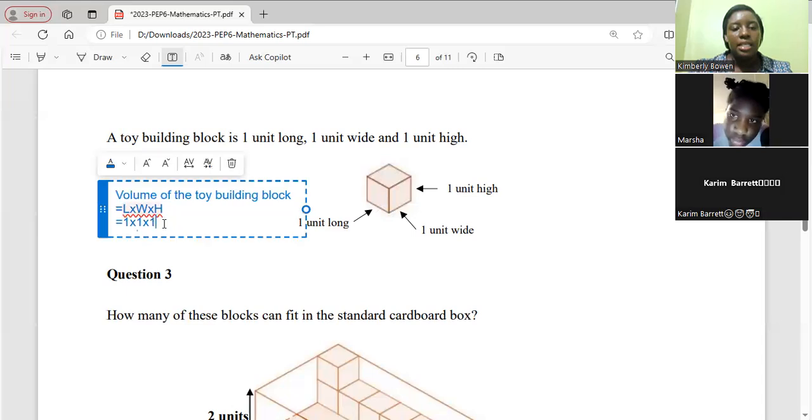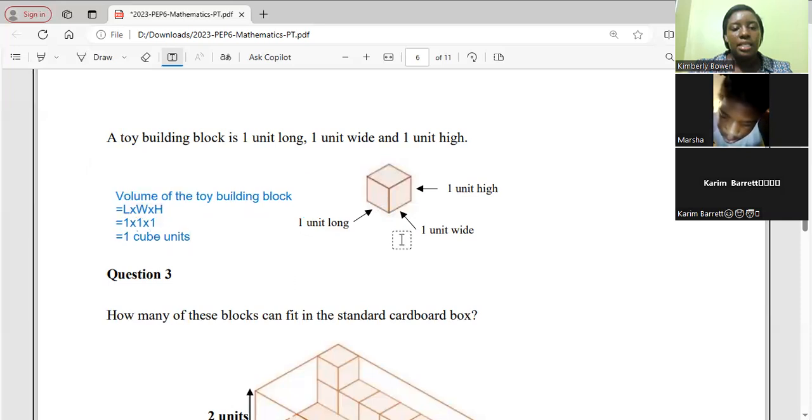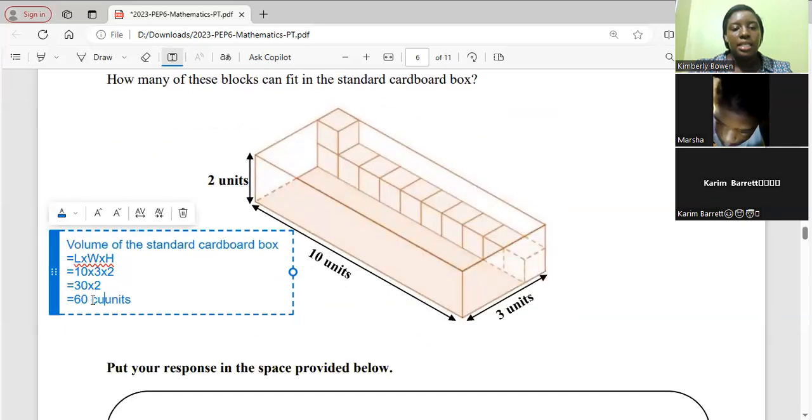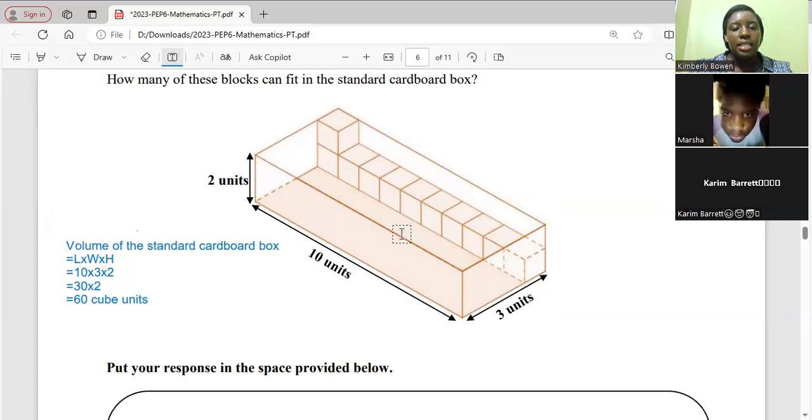And 1 times 1 times 1 is still 1, right? Yes, miss. I left off something. It should be cube units, because the volume is measured in cube units. So that's 1 cube unit. Let me just add it to the working out that I did before. Cube units, all right? Or units cube.